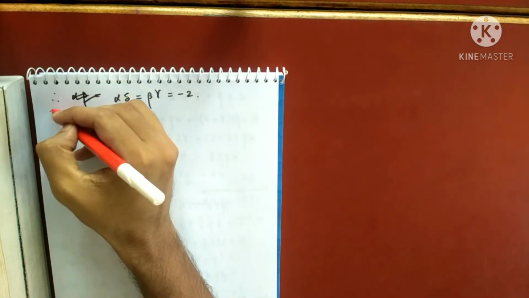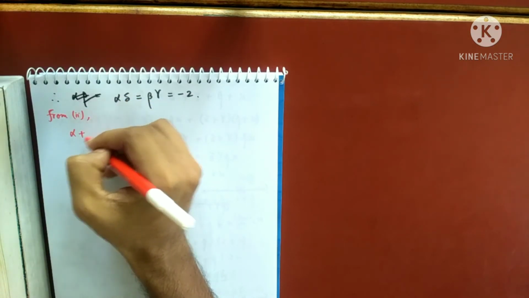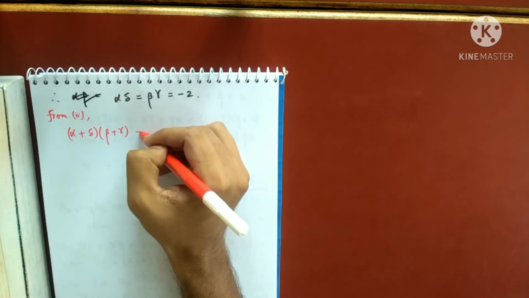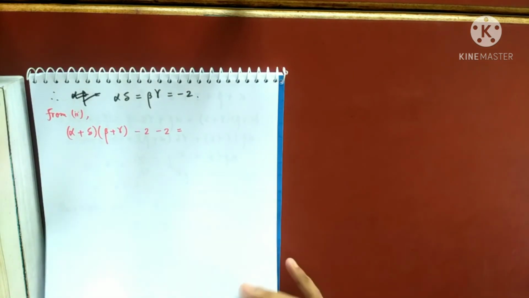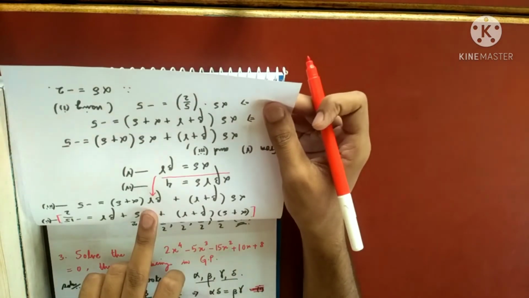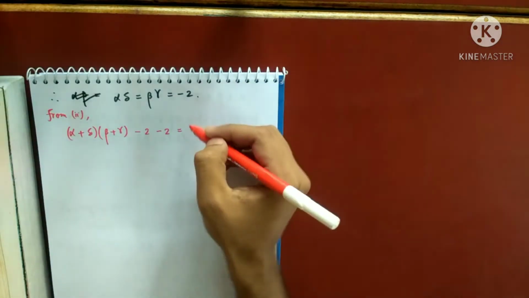So from 2, (alpha plus delta) into (beta plus gamma) plus alpha delta, which was minus 2, plus beta gamma, which is minus 2, and this was equal to how much? It was equal to minus 15 by 2.